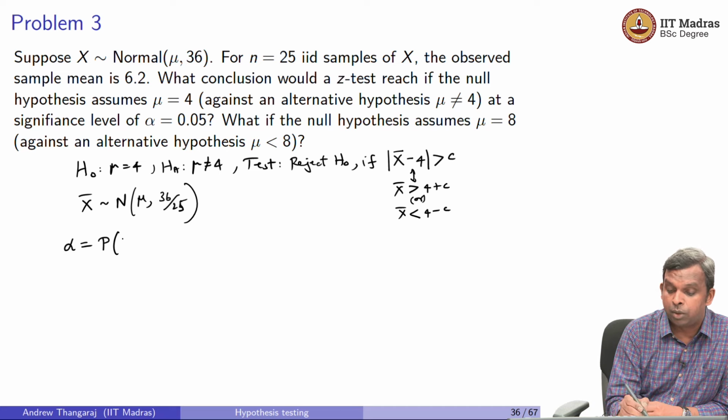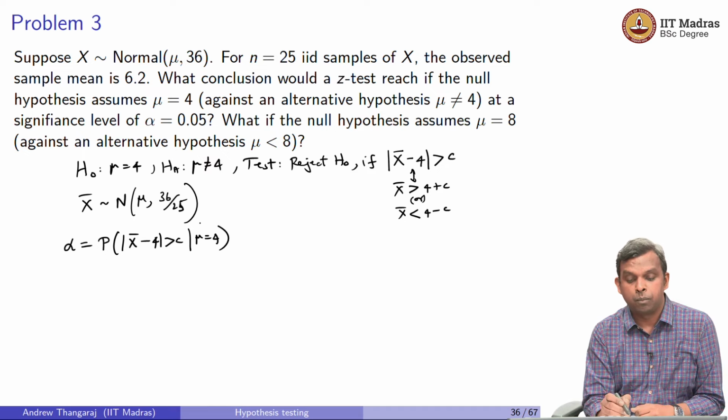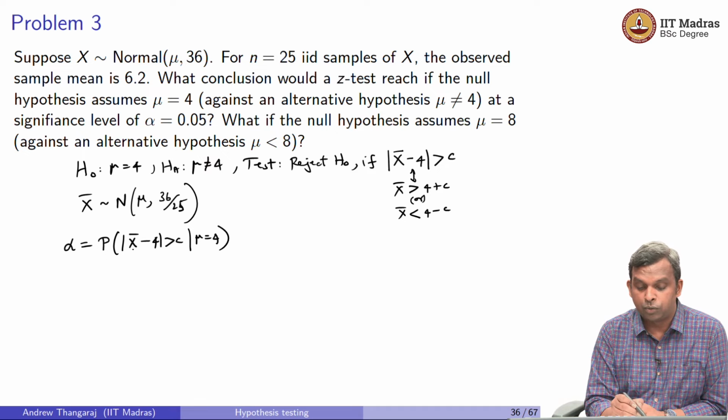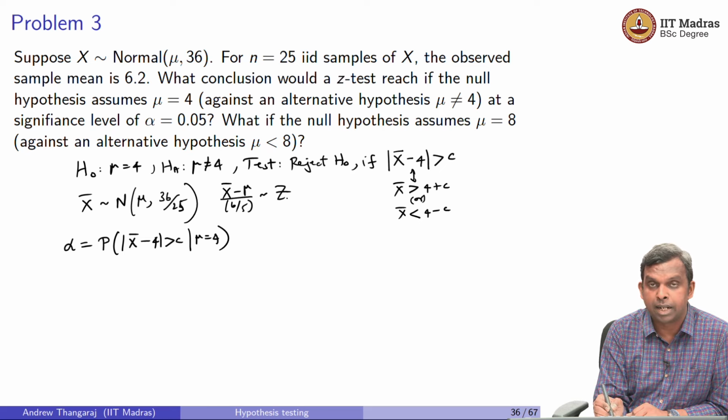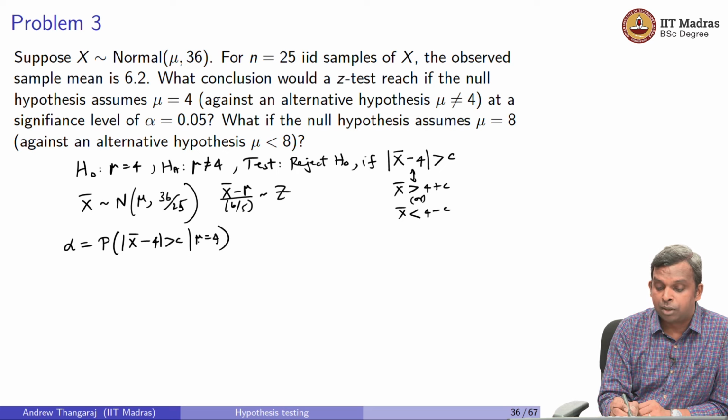What is the probability that you will reject the null? The absolute value of x bar minus 4 is greater than C, given mu equals 4. Is that okay? So with mu equals 4, (x bar minus mu) divided by 6 by 5 is the standard normal distribution. So I'm going to divide both sides by 6 by 5. And this will just become, maybe I'll write one more step here.